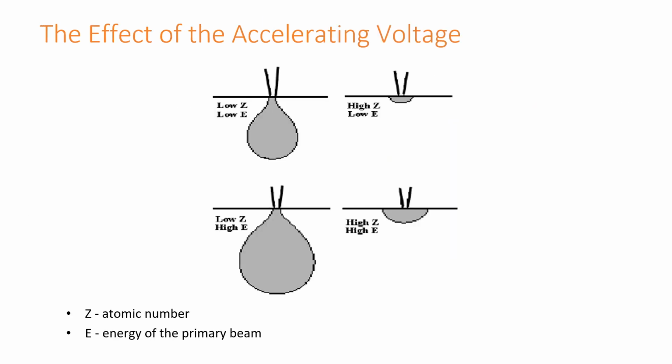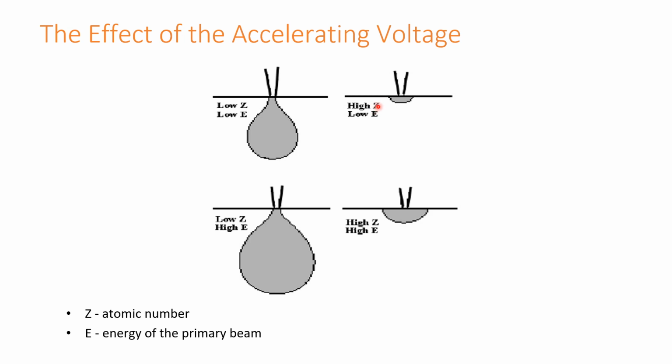Now, this is the effect of the accelerating voltage. In the previous slide, we saw that accelerating voltage is directly proportional to the interaction volume. Here, Z represents the atomic number and E is the energy of the primary beam.